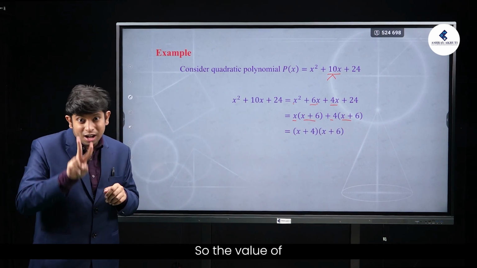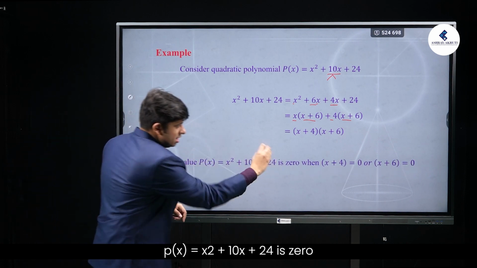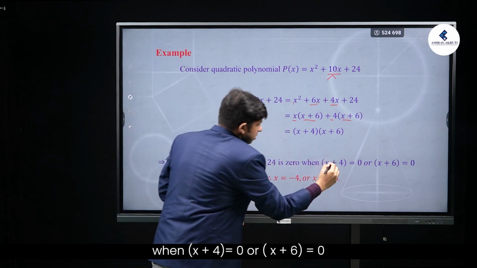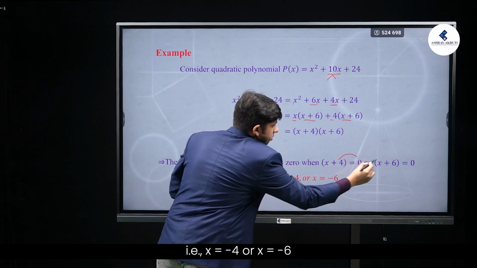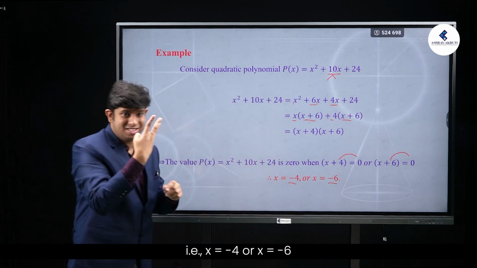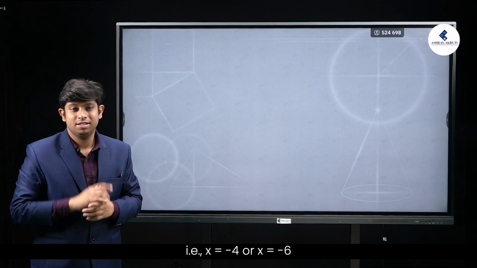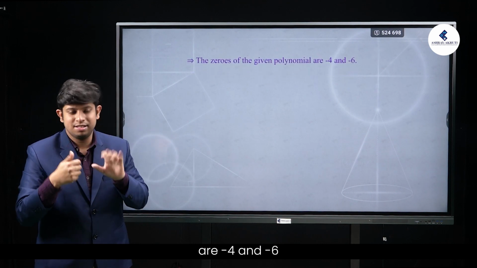So, the value of p of x is equal to x square plus 10x plus 24 is 0 when x plus 4 is equal to 0 or x plus 6 is equal to 0. That is x equal to minus 4 or x equal to minus 6. So, the zeros of the given polynomial are minus 4 and minus 6.